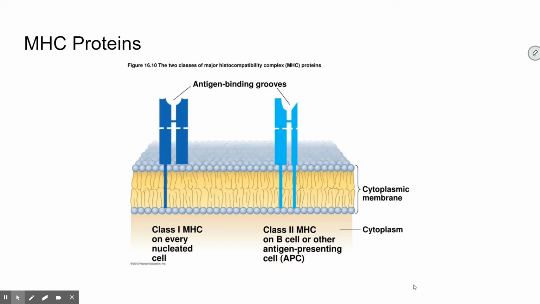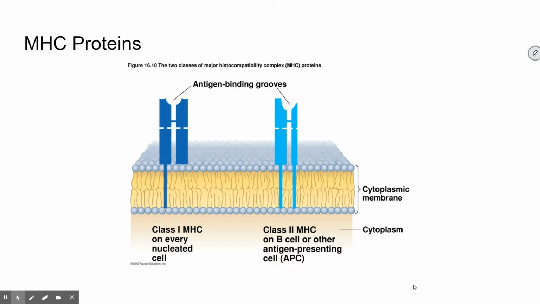And basically what it does, if a cell is invaded by a virus or bacteria, whatever, that cell is going to present the antigen. Imagine holding something up like a flag and saying, okay, I'm being attacked and this is what is attacking me. And so a class 1 MHC is basically signaling the other T cells to say, hey, come in here and deal with me. I've been hurt.